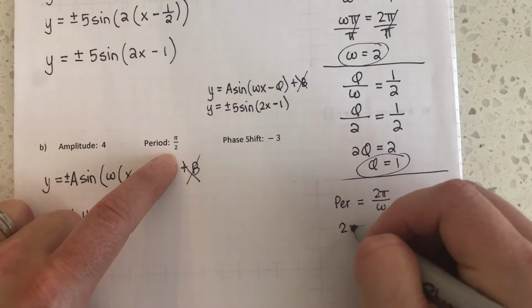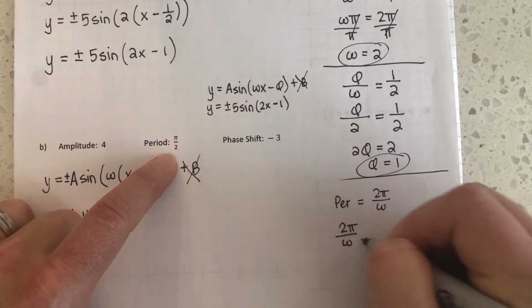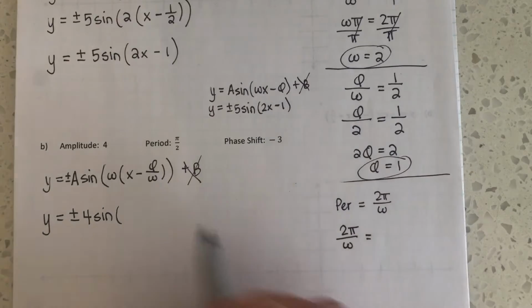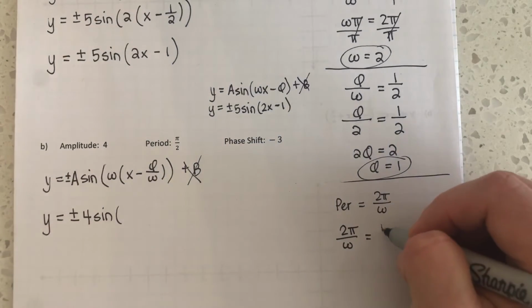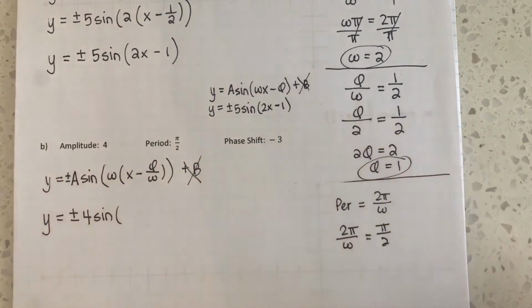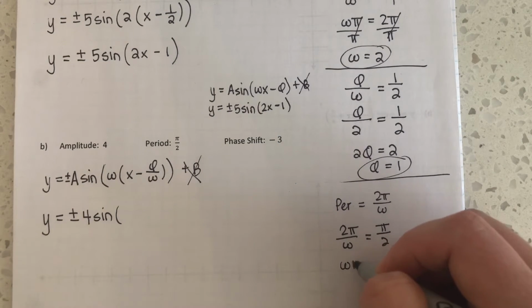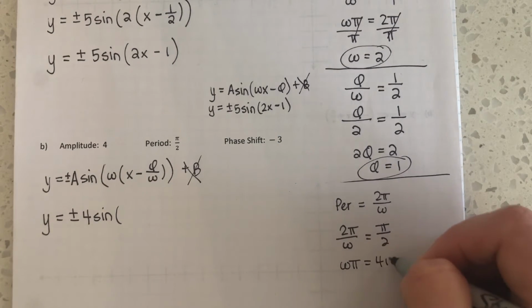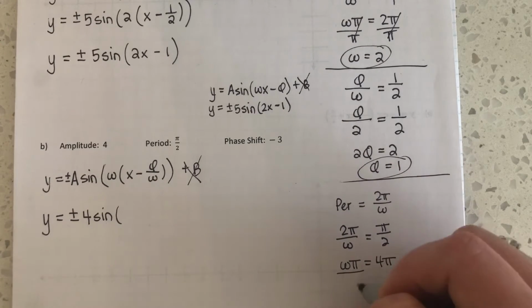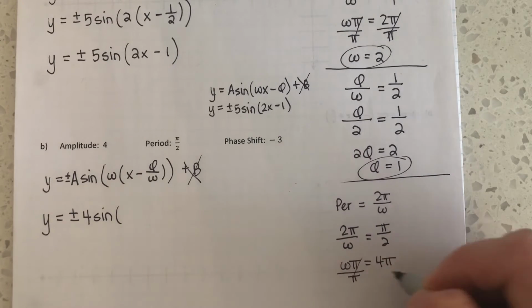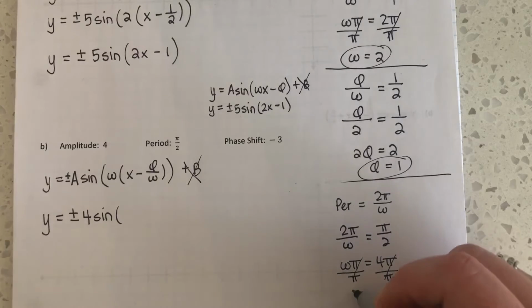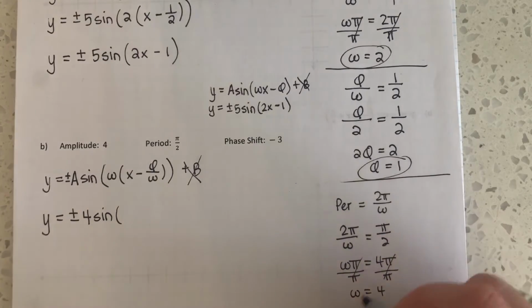So take your 2 pi over omega. What did you have to divide this by to end up with your period equaling pi over 2? Now cross multiply, and I get omega times pi equals 4 pi, divide by pi, and you find out that omega must have been 4.